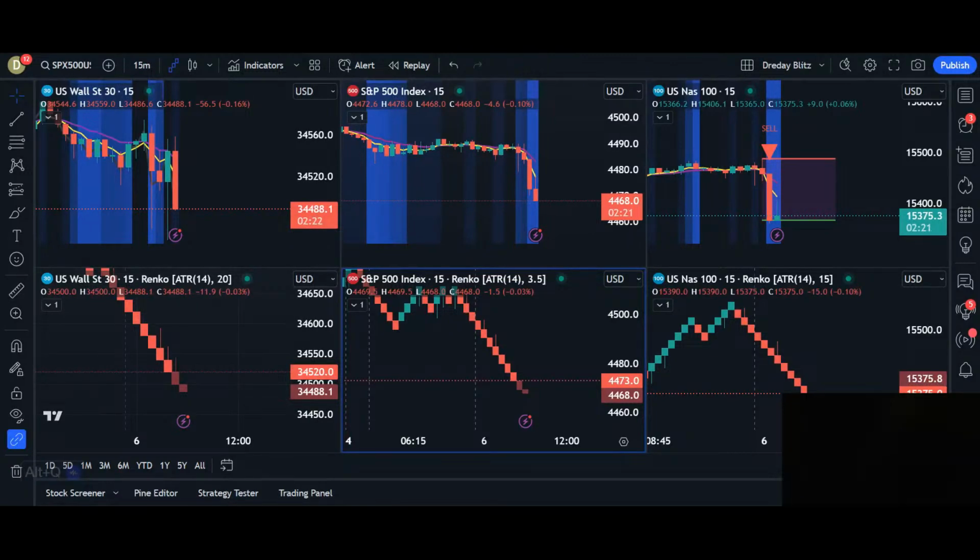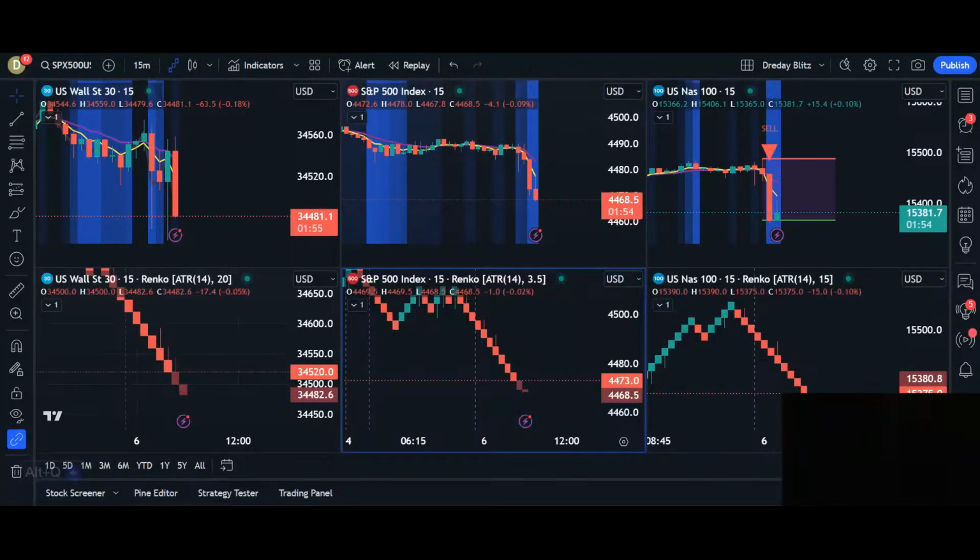And we should all be in profit right now. The next candle will open in about 3 minutes, so we'll see how it goes. But I expect continuation down in the market for maybe the rest of the day.